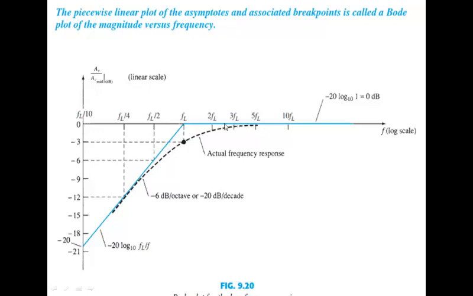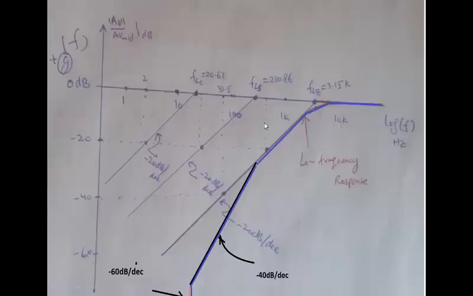But as you approach the cutoff frequency from either side, the response would start deviating, and the maximum deviation would be at cutoff, and that deviation is minus 3 dB. So at cutoff frequency, the actual response would be at minus 3 dB. Otherwise the response would follow the approximate straight lines on either side if you are far from the cutoff frequency.